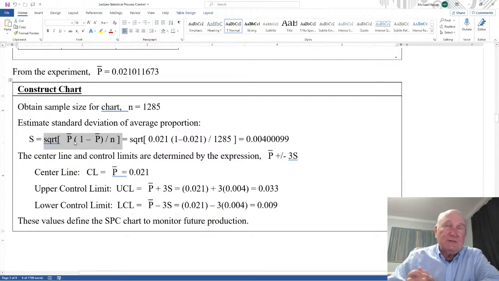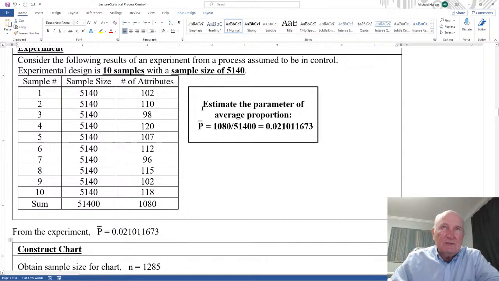Okay, let's do it. Square root. I bring down the 0.21 right here, times 1 minus 0.21, divided by 1,285. That's the sample size of the chart. Notice the sample size in the chart goes in the standard deviation. Up here, the sample size of the experiment is used to estimate the parameter.